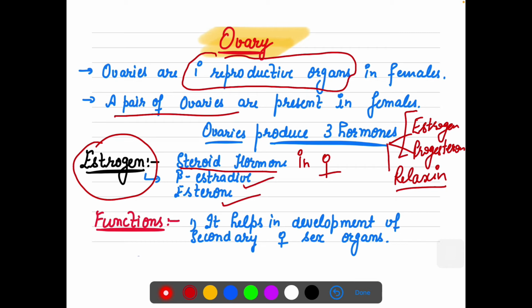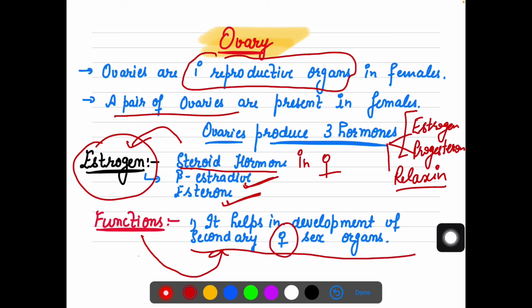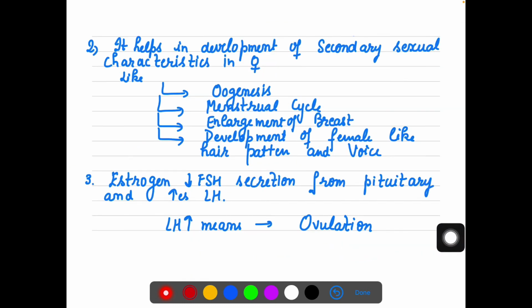So don't get confused about what beta estradiol and estrone are. These are the estrogen only. Just as the function performed by testosterone in the males, the same function is performed by estrogen in the females. It helps in development of secondary female sex organs. The primary one is the ovary.